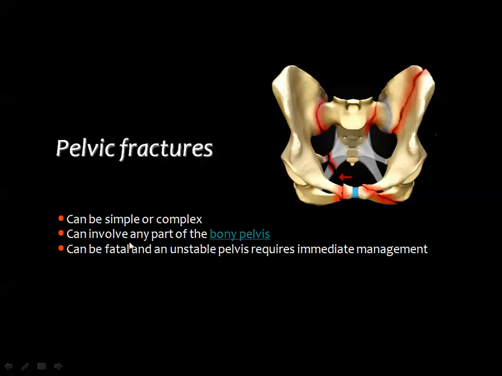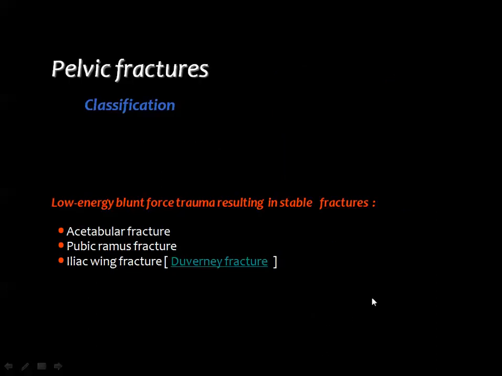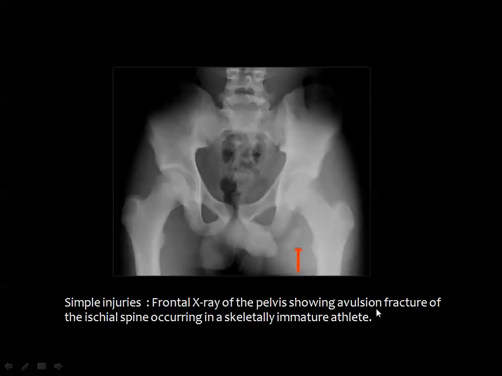These fractures can be simple, meaning that there is one fracture of one of the pubic rami, the ischium, or the iliac bone, for example, and a complex type of fracture, which is a group of fractures entitled under a certain name.